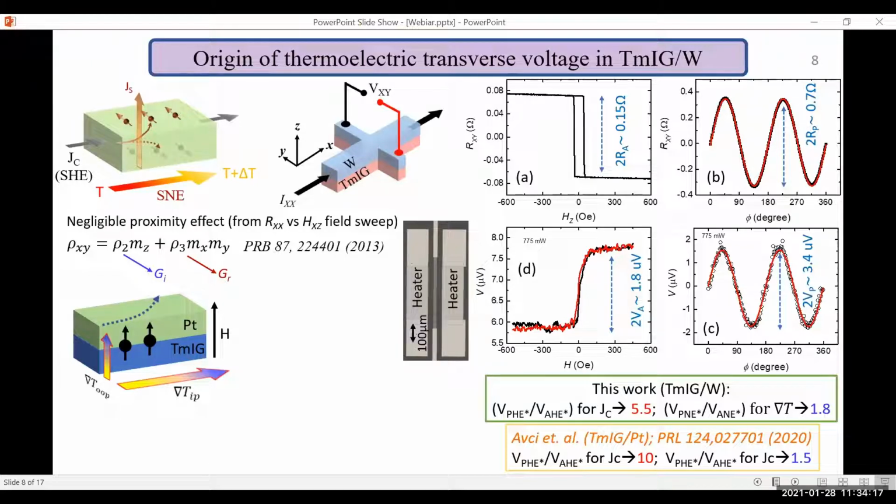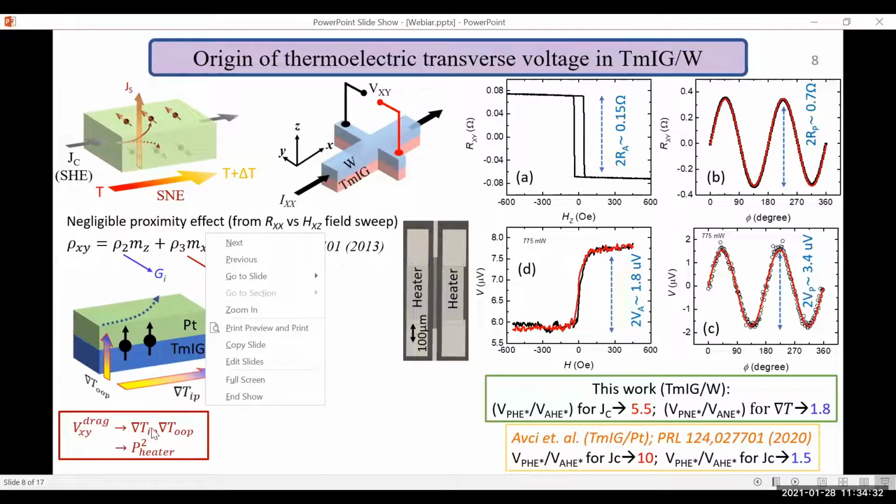But the problem is that if it is a source, then the transverse voltage should be proportional to both the in-plane thermal gradient and the out-of-plane thermal gradient. Generally, these in-plane and out-of-plane thermal gradients are proportional to the heater power.